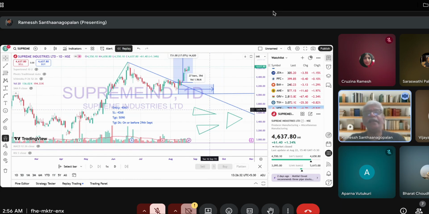But in any of these triangles, any of these accumulation breakouts, you have to look for volume. When it breaks out, the volume has to be good. That day's volume should be much more than average volume. It is very important.